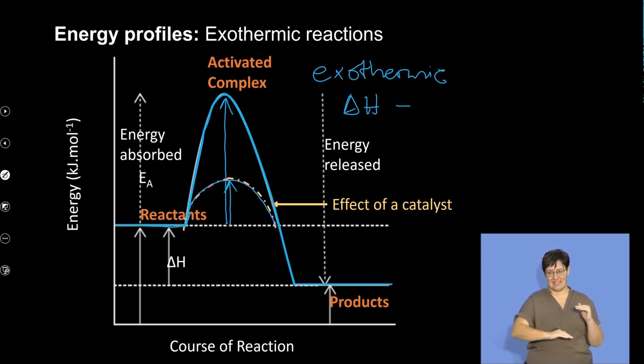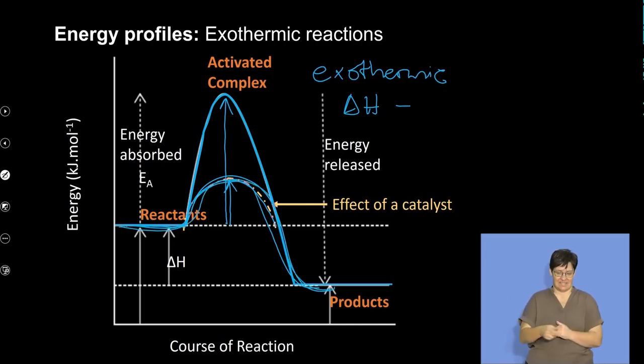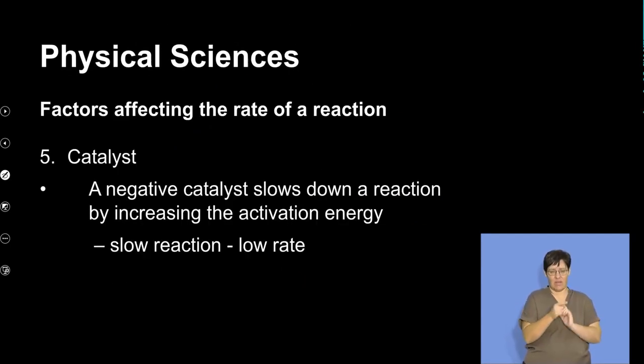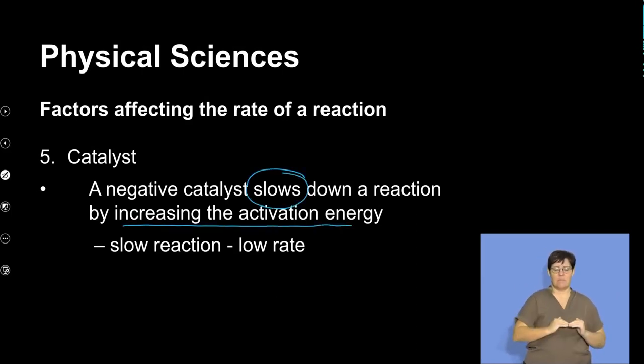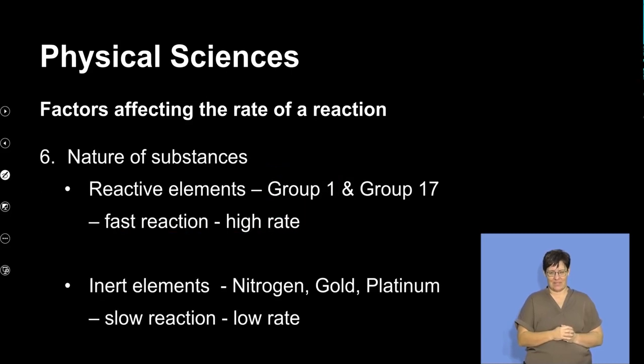So if I draw it like that, you will see it looks as if this reaction can take place so much faster. A negative catalyst does the opposite, meaning it increases the activation energy, and when it does that, it slows down the rate of the reaction.